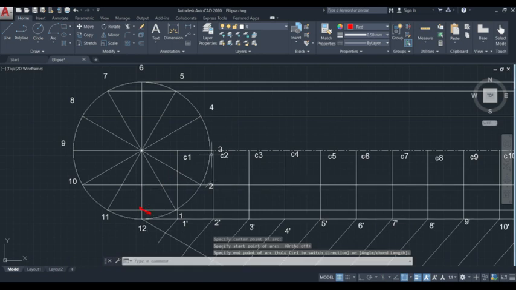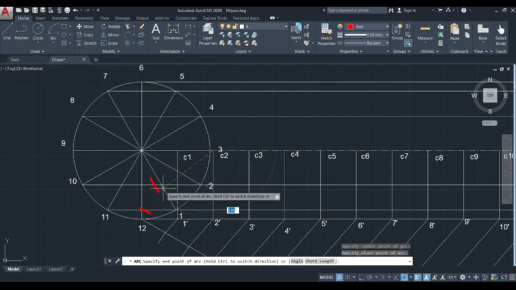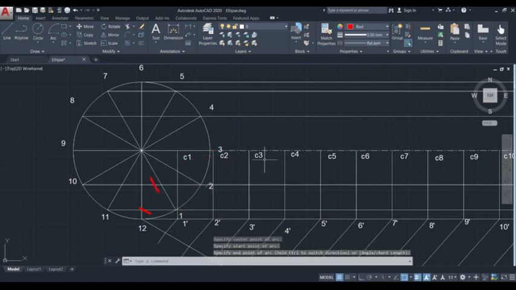Likewise, we have to draw an arc of radius 25 mm with the center C2 on the second line which is passing through 10 and 2. Similarly, we have to draw an arc of radius 25 mm with the center C3 on the line which is connecting 9 and 3.